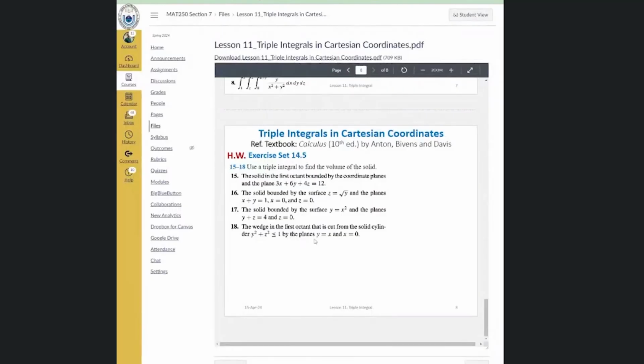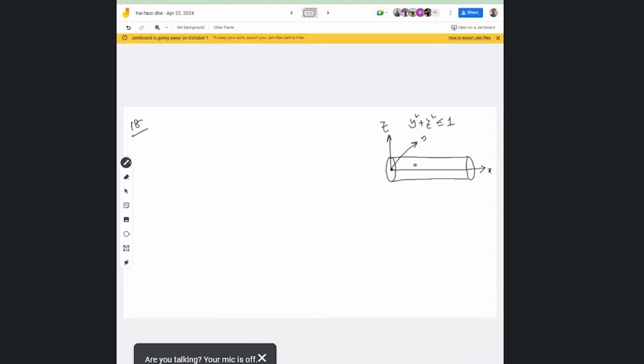By the planes y equal to x and x equal to 0. If we consider y equal to x, y lies between 0 and x.